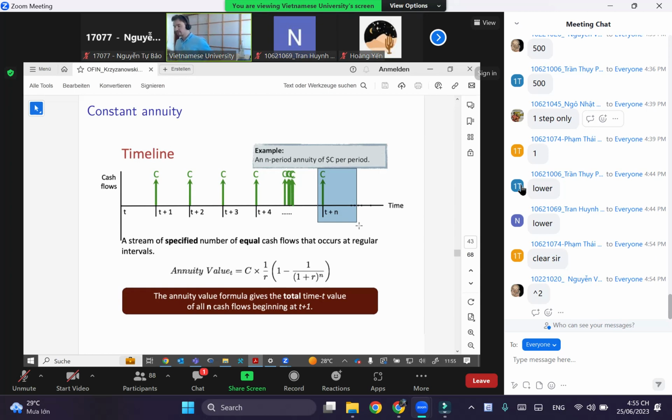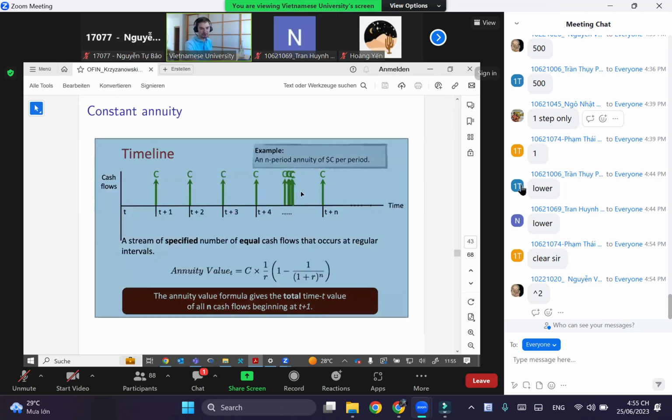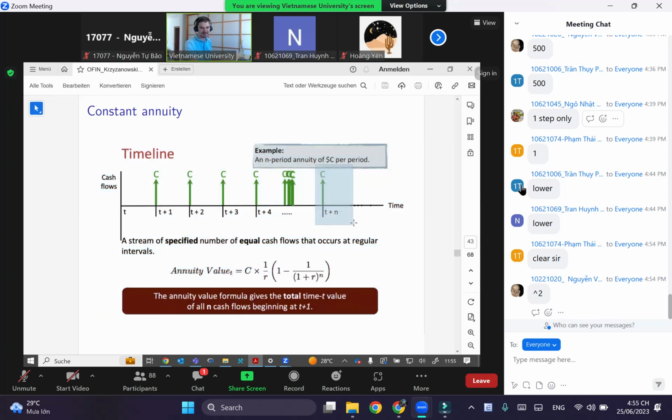And when you make the sum over all these payments, it's a lot of fractions, right? It's c divided by 1 plus r, plus c divided by 1 plus r to the power of 2, plus c divided by 1 plus r to the power of 3, plus c divided by 1 plus r to the power of 4, plus all the other ones, plus c divided by 1 plus r to the power of n.